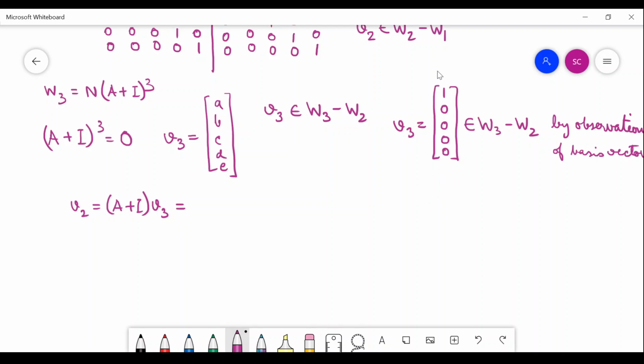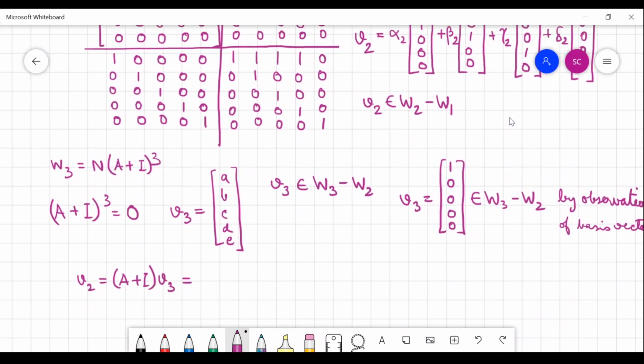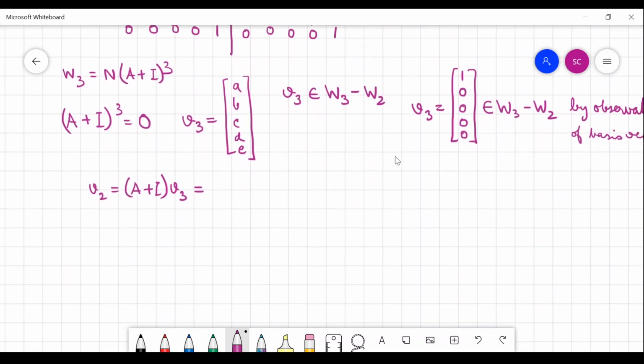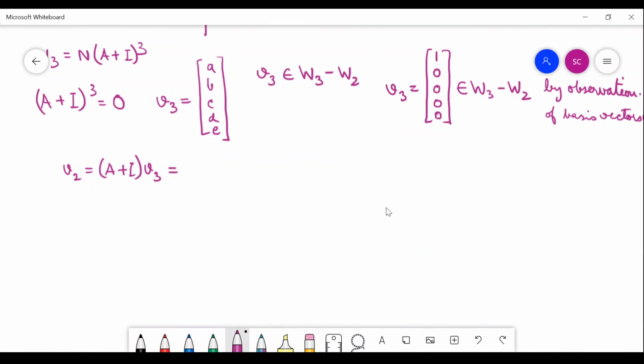The choice of V3 like this also automatically gives me V2, because I am simply choosing the first column of A + I. A + I is very far away at the top, so I will look into my notes and see what A + I is, and that would give me V2. The first column of A + I was this, which is coming out to be V2.